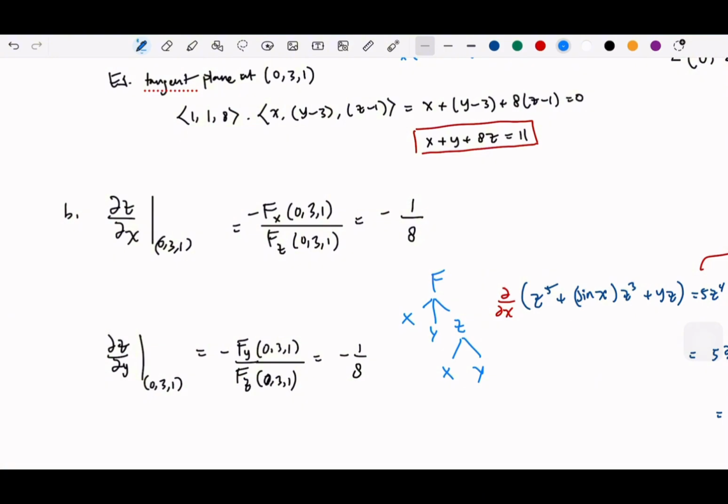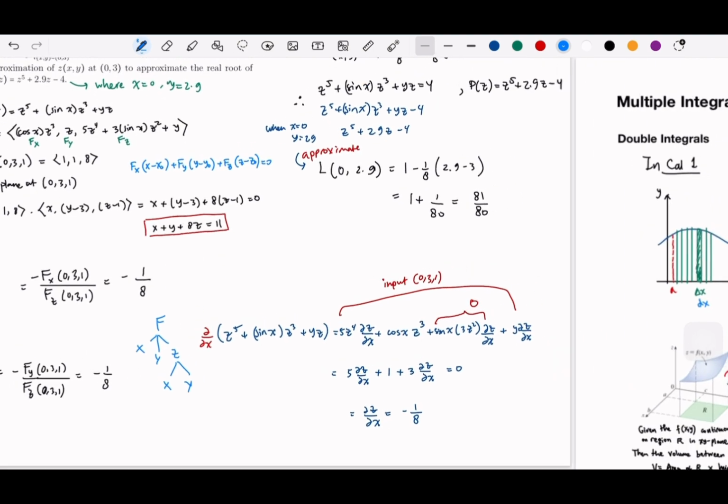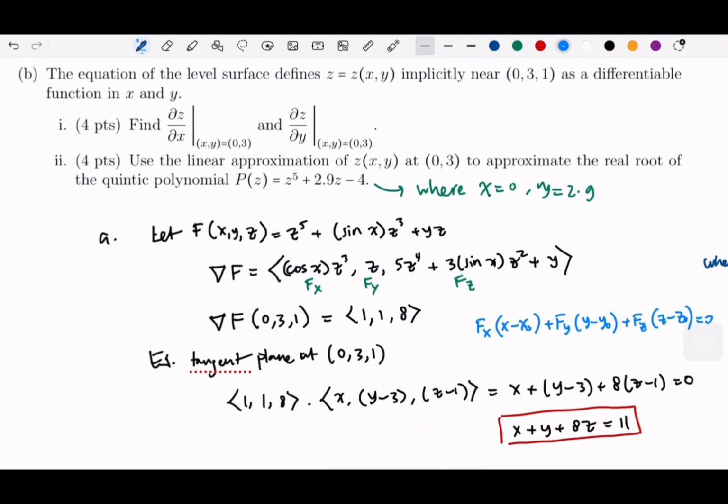We still have another part, right? Which one is the last one? The linear approximation. Okay. Now we have this function here. Function p of z is z to the power of 5, 2.9 z minus 4.